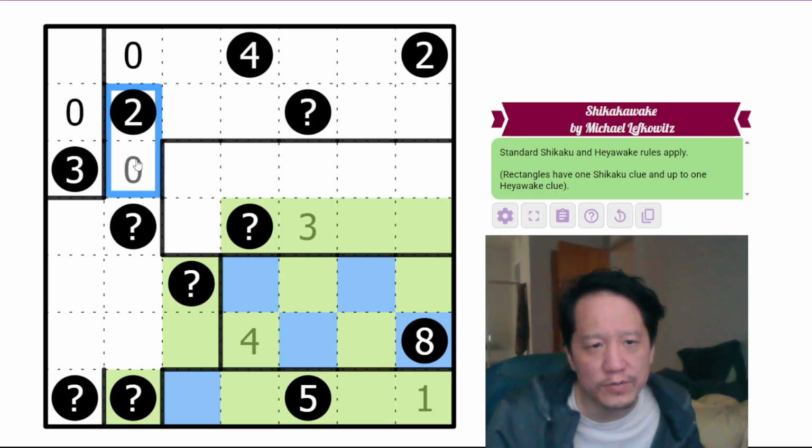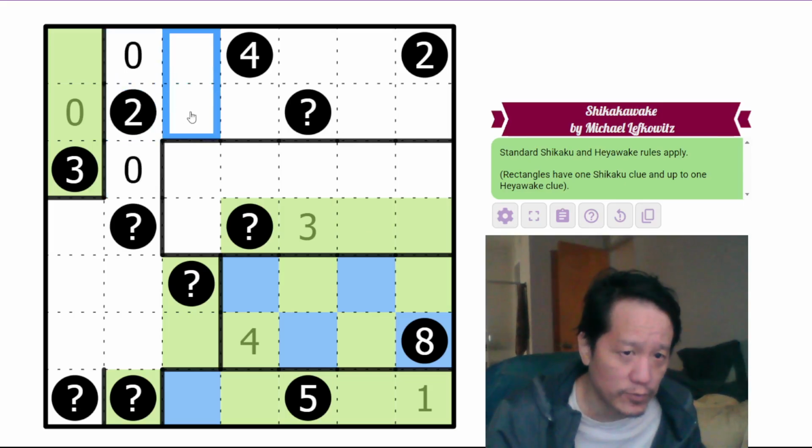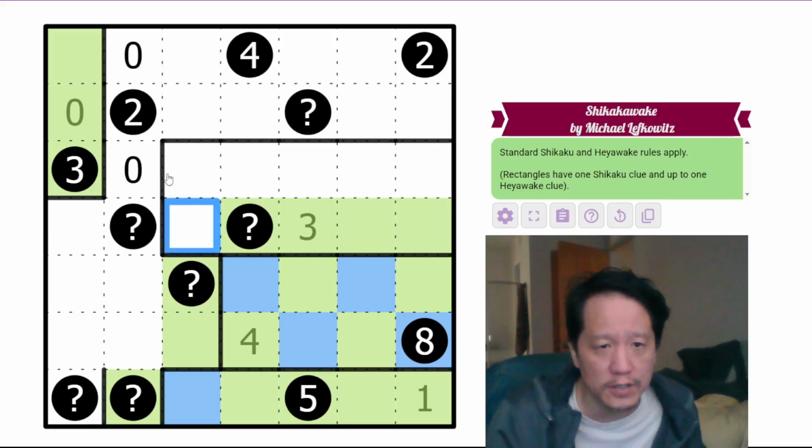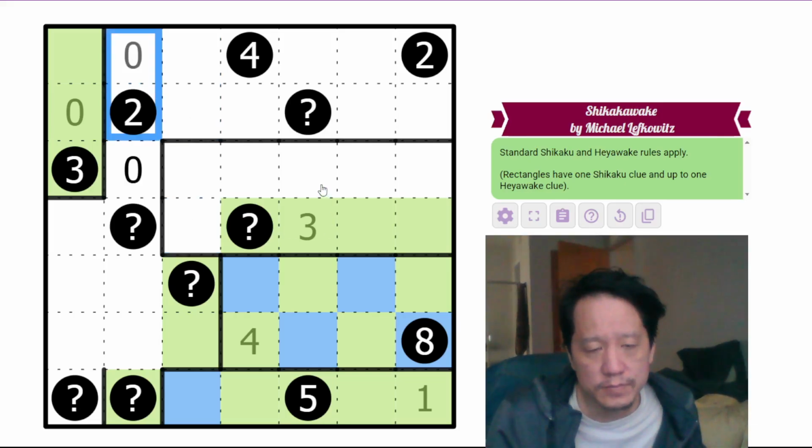What happens if we go this way? We know that's shaded. We know, oh, sorry, we know that's green. We know that's green. So again, we cannot be these two because then that would force both of these to be shaded. One of these two is shaded.